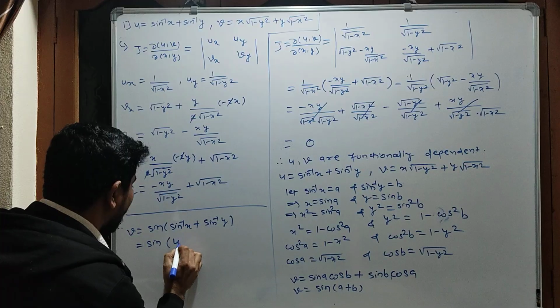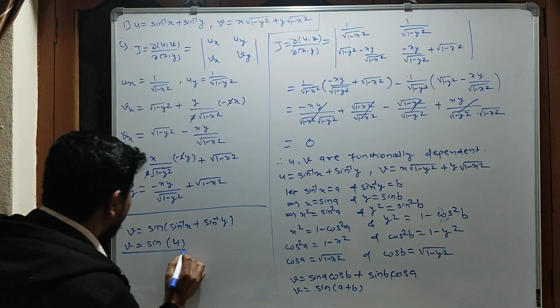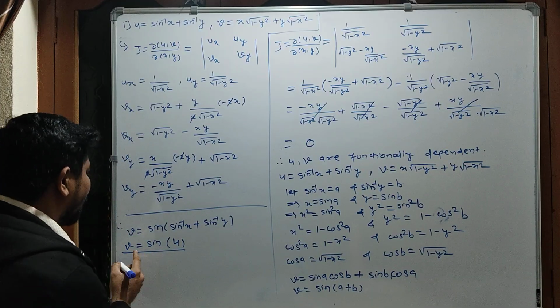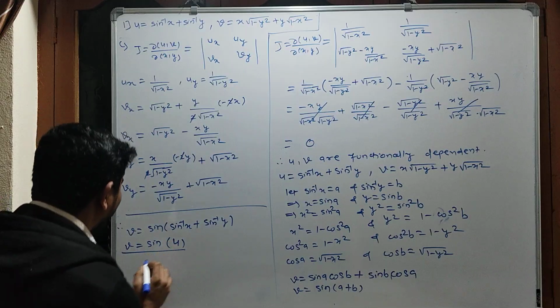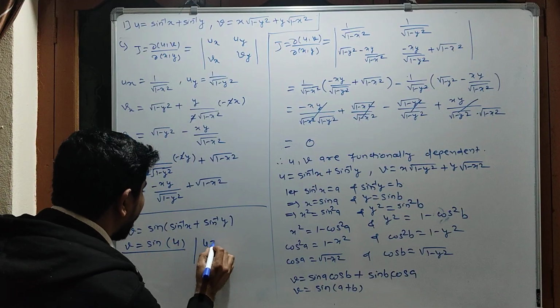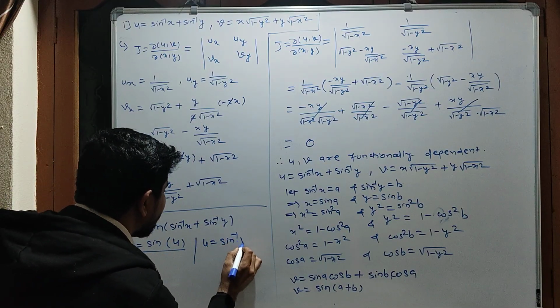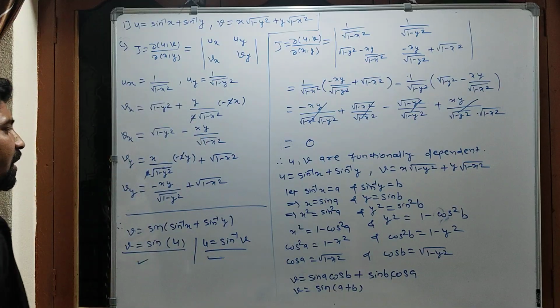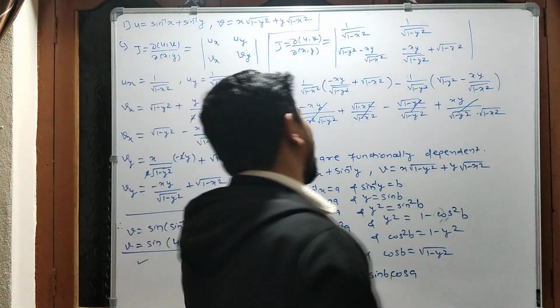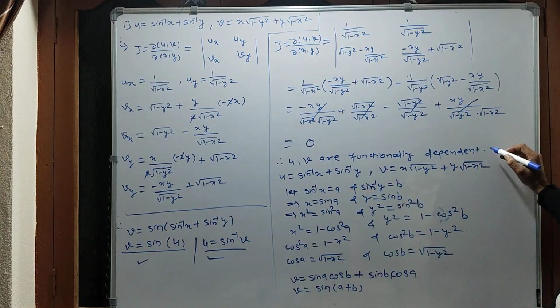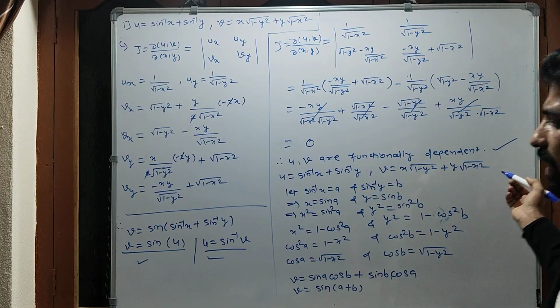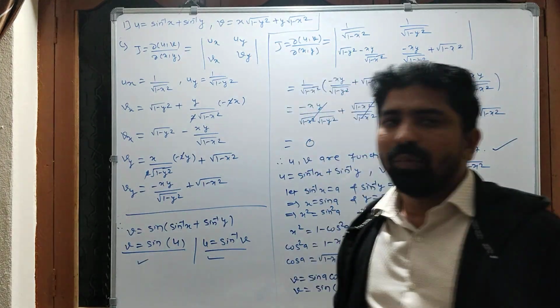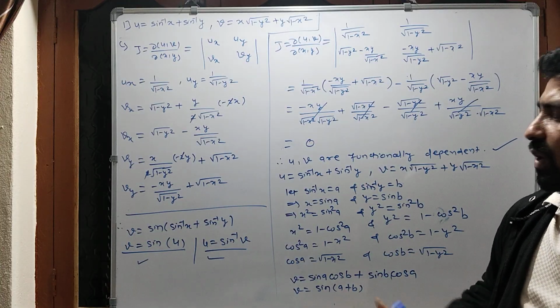This is my u, therefore v equal to sin u, or we can say u equal to sin inverse v. So this is the relation, either this or this. This is the relation between u and v, as u and v are functionally dependent.